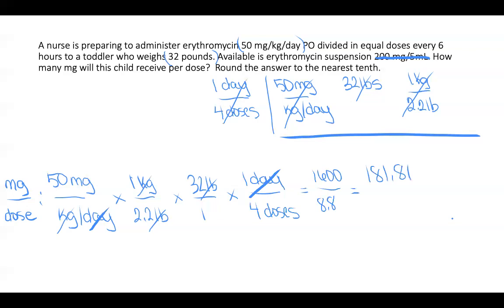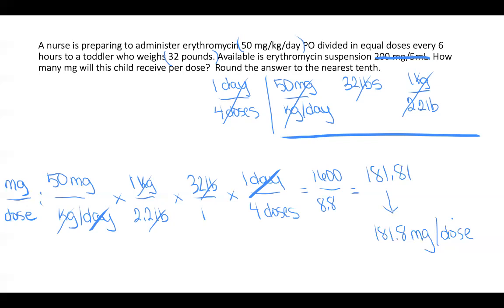And my rounding rule says round to the nearest tenth. So my answer is 181.8 milligrams per dose. All right, so make sure when you're reading the problem, you identify what it is you're solving for. Don't just assume you're going to solve for milliliters.